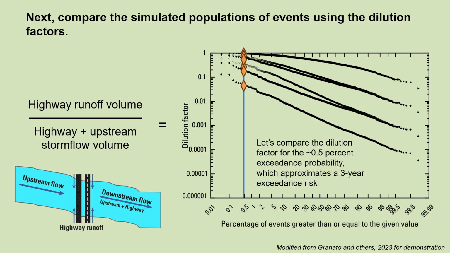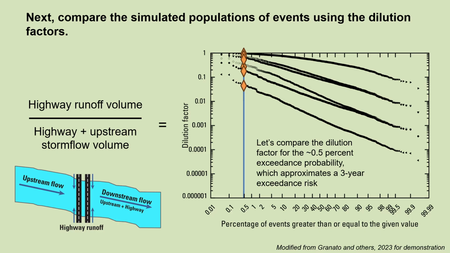And we're really concerned about those concurrent flows because, of course, if highway runoff is being discharged into a stream with very high flows, we would expect the dilution of that highway runoff and a dilution of the potential effects that we might see on water quality.